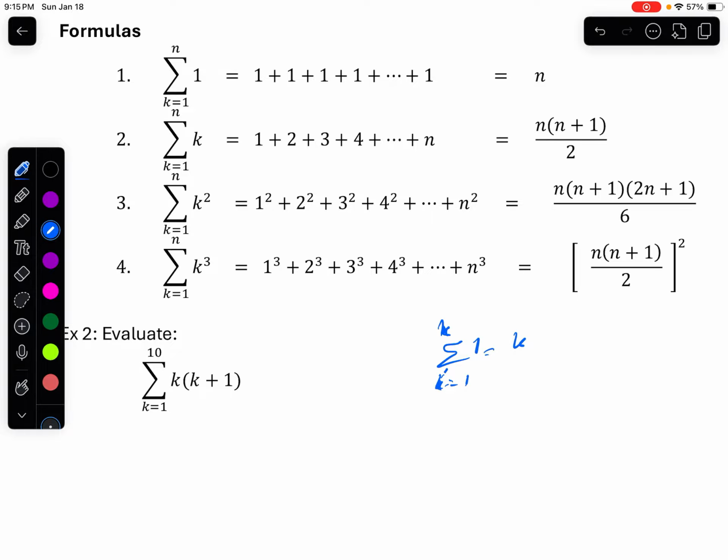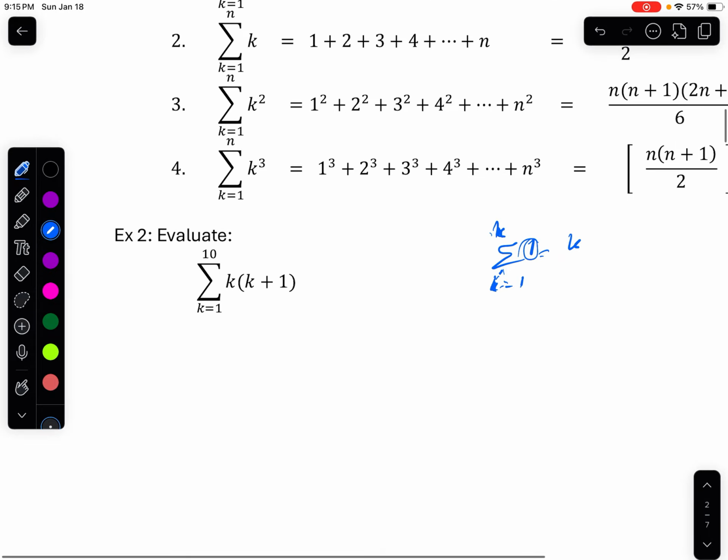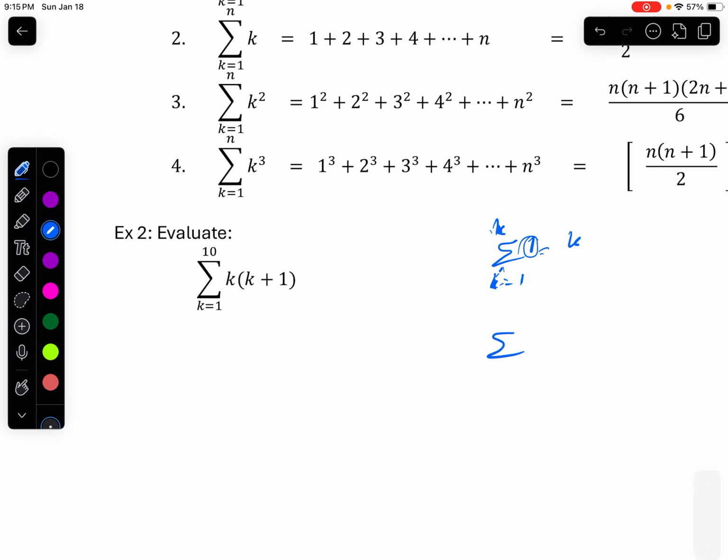So do you understand? If your function is 1 and your index is starting at 1 and ending at something, then your answer will be that top value. So for example, if you have k is equal to 1 to 10 of 1, then the answer will be 10. Okay.